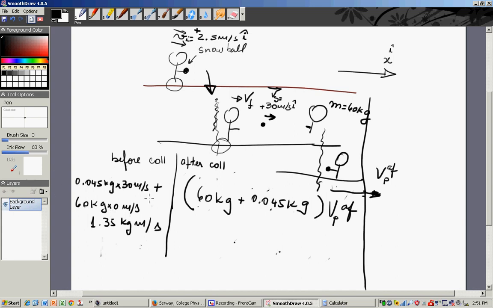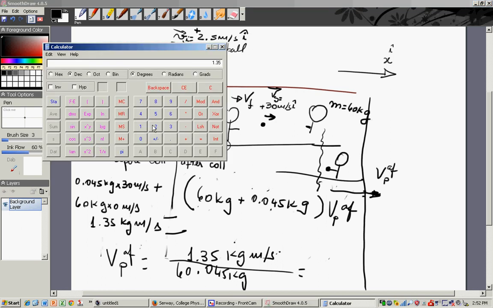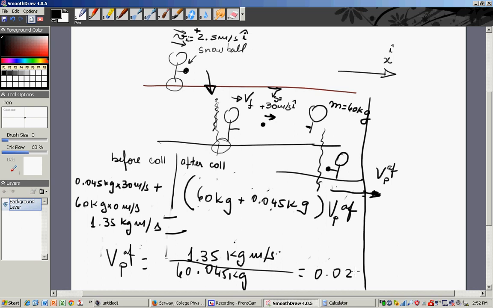And then, when we make this quantity equal to that number, we can find our velocity after, and that is going to be 1.35 kilogram meters per second divided by 60.045 kilograms, and that gives us the velocity of that second person, which is going to be equal to 0.022 meters per second, or in other words, pretty much 2.2 centimeters per second.